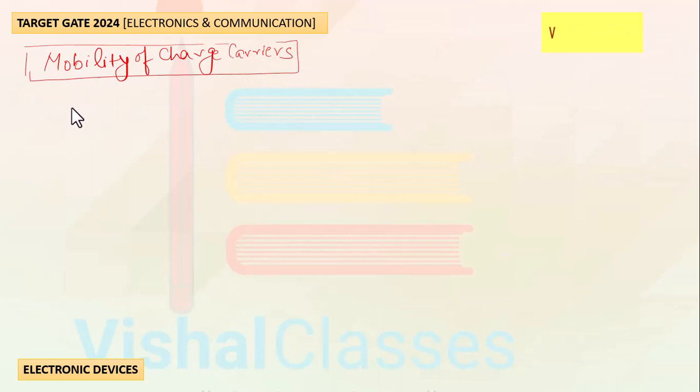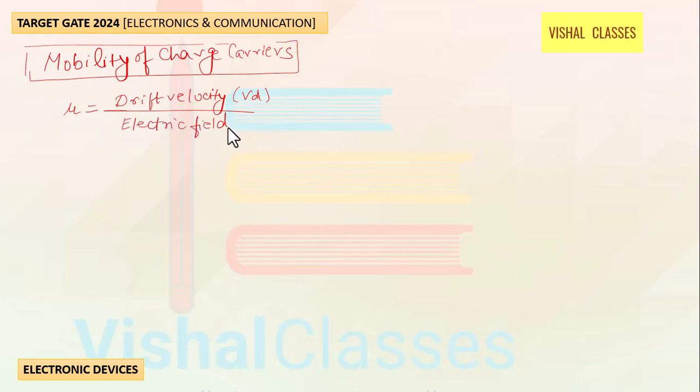Mobility is defined as drift velocity Vd per unit electric field intensity E. Mu is equal to Vd divided by E, and mu is the mobility.